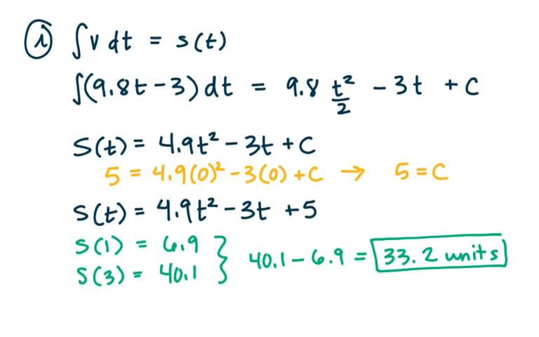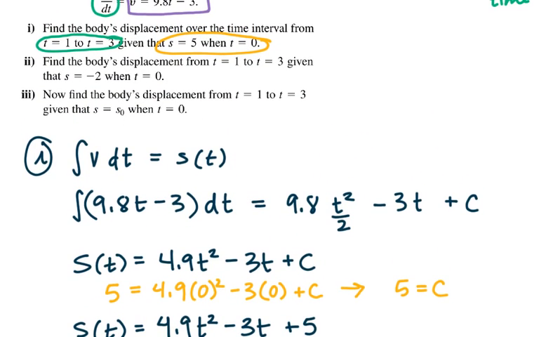So essentially, if we go back and we look at part 2, it says find the body's displacement, again, over that same interval, but if I change my initial position. So if my initial condition is that s is -2 when t equals 0, we would have a different antiderivative.